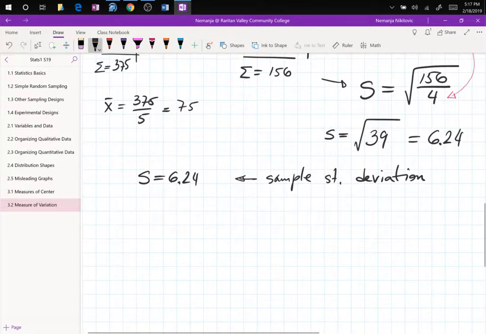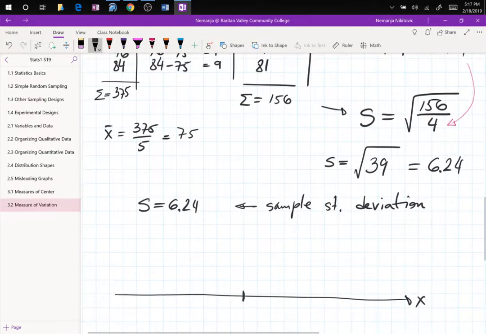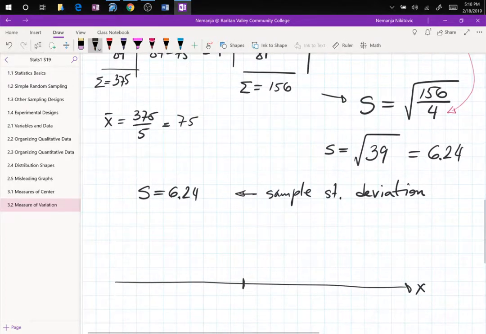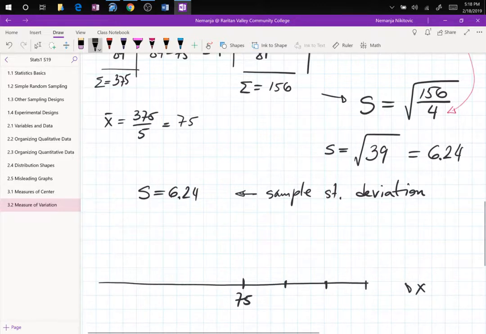So please be careful. First learn this one, obviously. So now we have a sample standard deviation. And what I can do is partition my x values. Mean is 75, so that goes in the middle. And then we're going to have 3 standard deviations to the right and 3 standard deviations to the left.